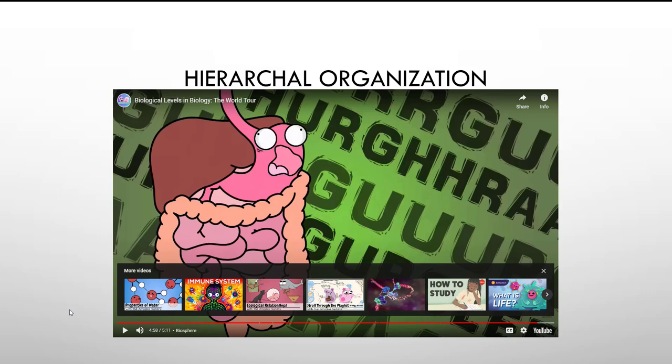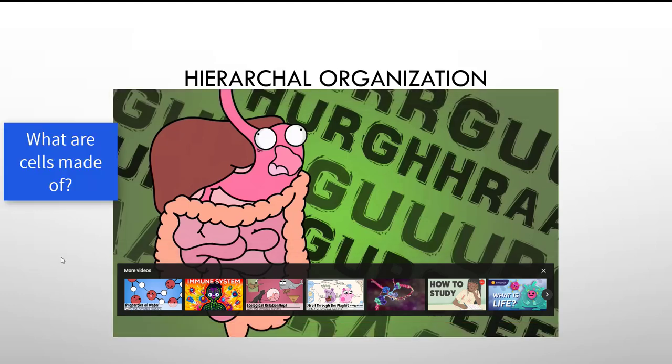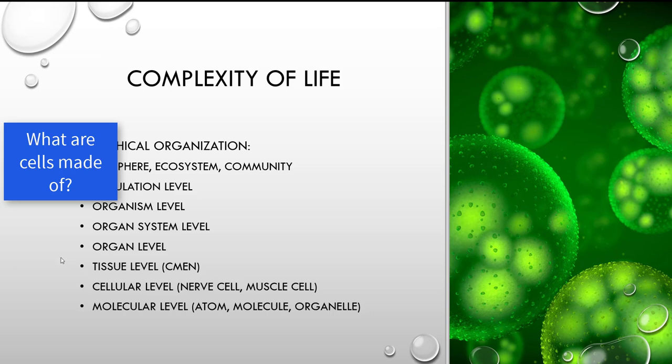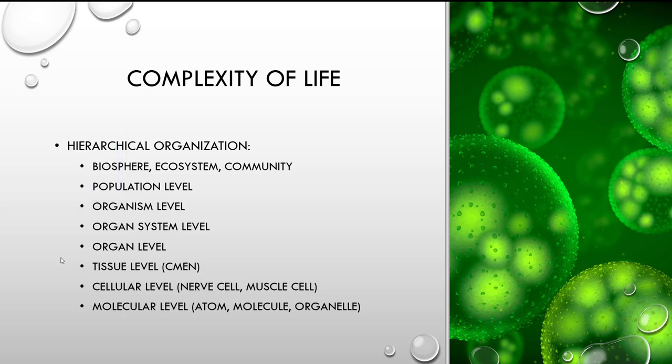So that was our first video that goes through the hierarchical organization of life. Now notice it started with cell as the lowest level, but in this course we're going to go even smaller, okay? So if we take a look at our complexity of life, we can organize it into a lot of different scales, okay?